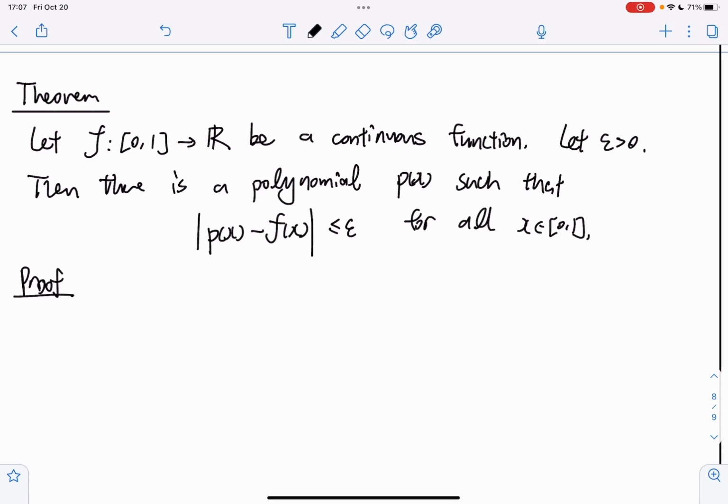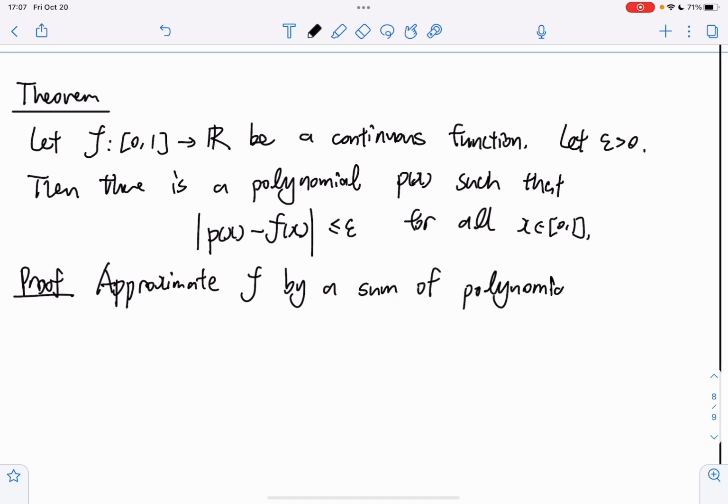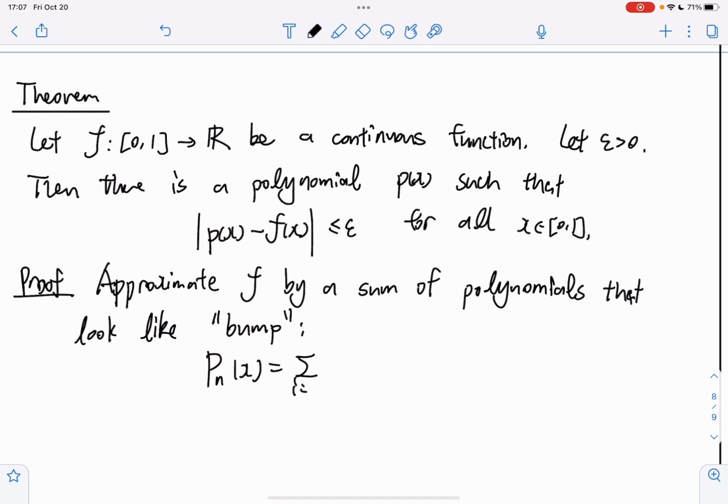The idea is to approximate f by a sum of polynomials that look like bumps: a function p sub n of x, being the sum of all such e_i(x) times f of i over n.